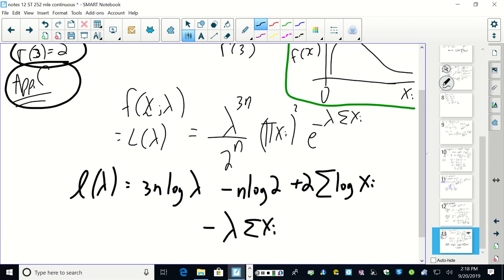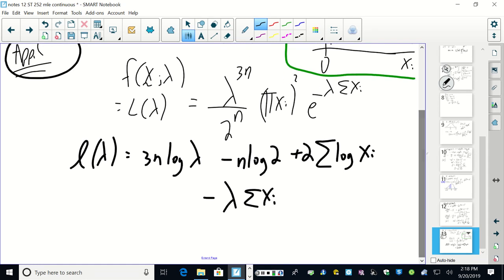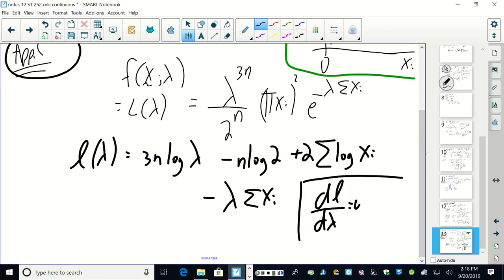So if you differentiate that with respect to lambda and set it equal to 0, you end up with lambda hat being 3 over x bar. The 3n is in there, and the sum of the xi's is here, so you get 3n divided by the sum of the xi's.